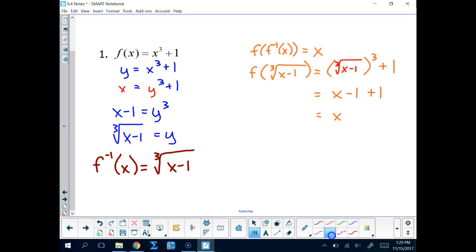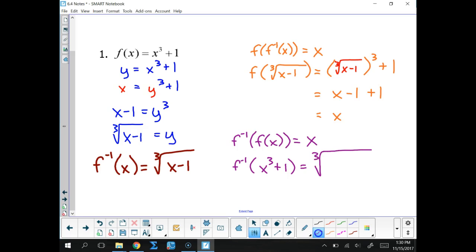Then I have to show that the inverse of f is also equal to x. So that's going to be the inverse of x cubed plus 1. So that is going to be the cube root of x cubed plus 1 minus 1.